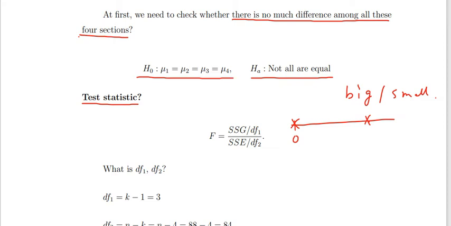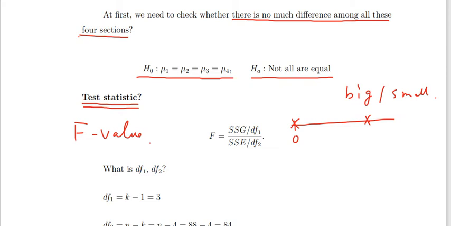For the ANOVA test, the test statistic is the F value. The formula is SSG over degrees of freedom, SSE over degrees of freedom, right?